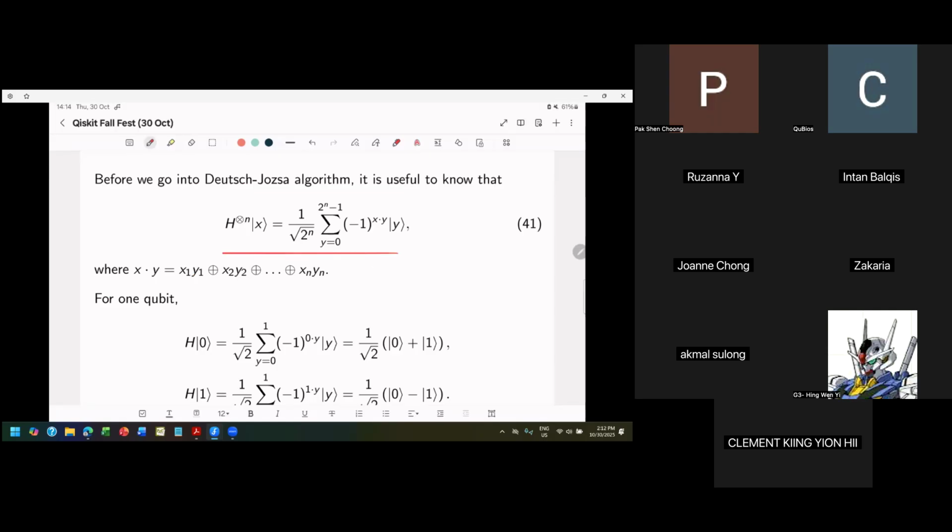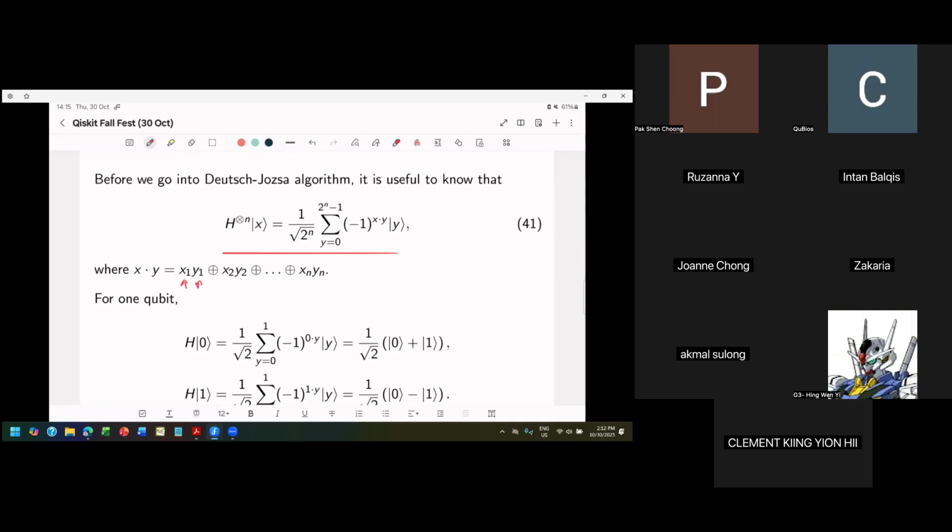If you have a list of Hadamard gates that act on whatever states, X states, what it will give you from the output is a -1, and then you have sort of like a dot product, but it's actually not a dot product. The definition of this particular dot product is that you sum up all the independent elements with the modulo 2 sum. You will see why this is important later on.